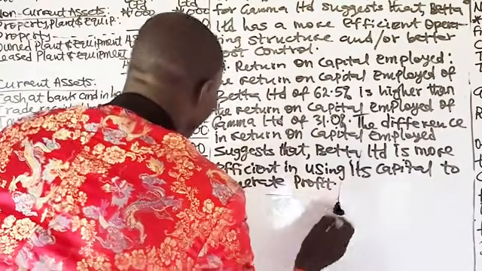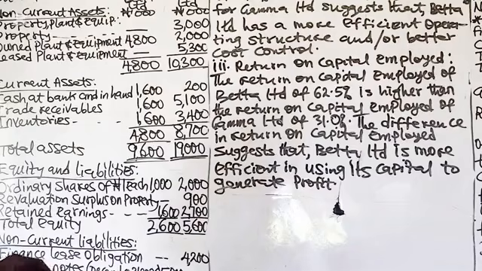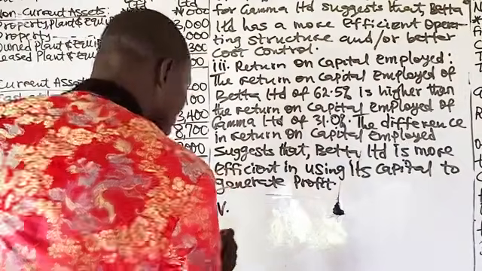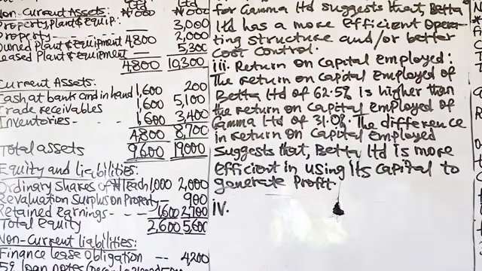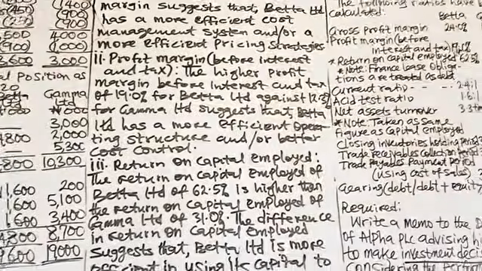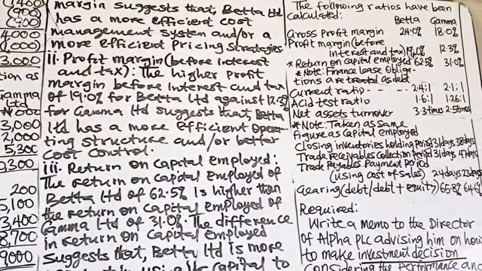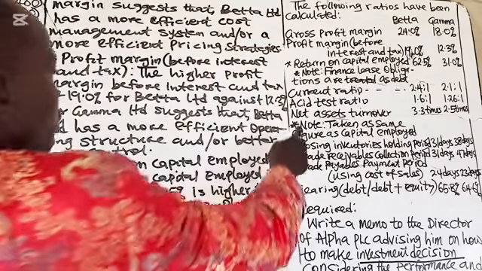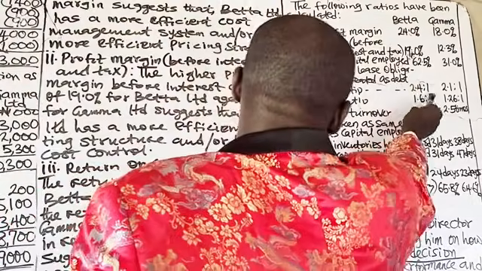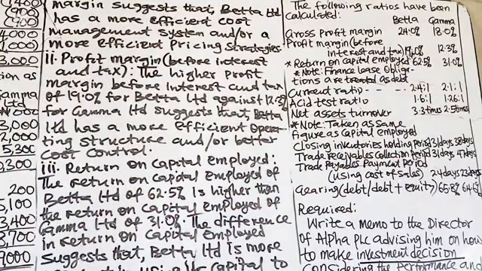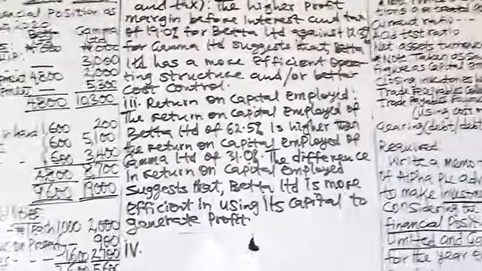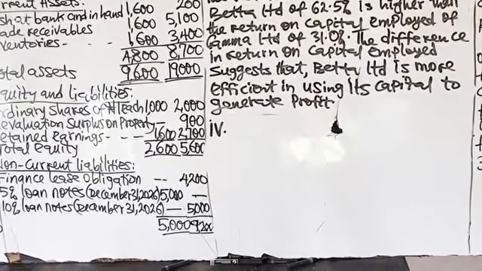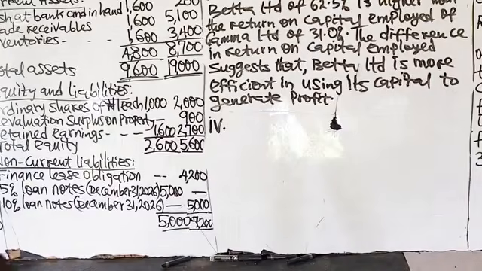So that is ROCE. Then the fourth ratio that is provided in the question is current ratio. Current ratio, we have a ratio of 2.4 to 1 and a ratio of 1:1 for Beta Limited and Gamma Limited respectively. So we want to report on the current ratio.